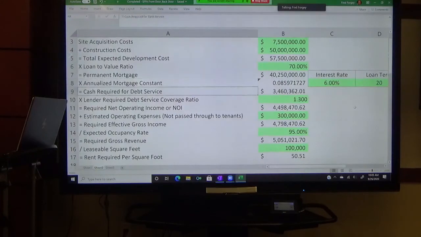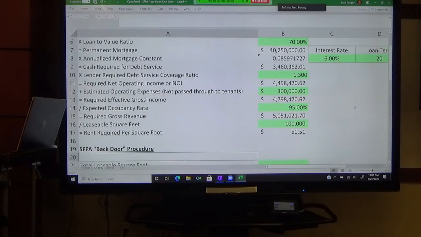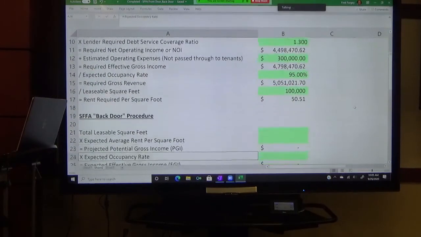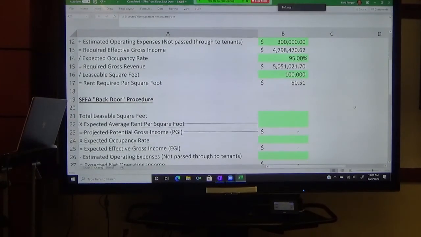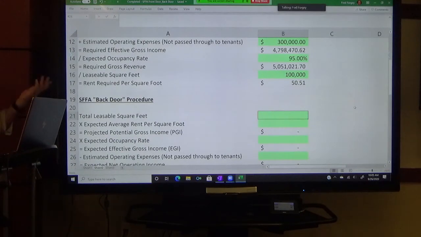Okay, now let's sort of reverse the process and do the backdoor approach. So what I'm going to do here, just to show you there's no magic other than it's just numbers and calculations, is pretty much type in the same numbers. We're going to start with leasable square feet of 100,000.